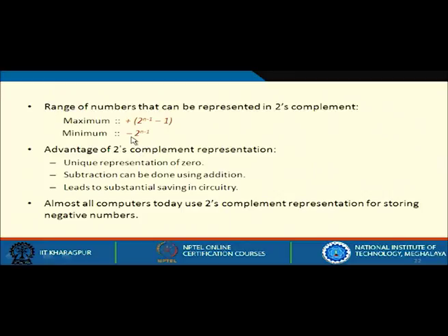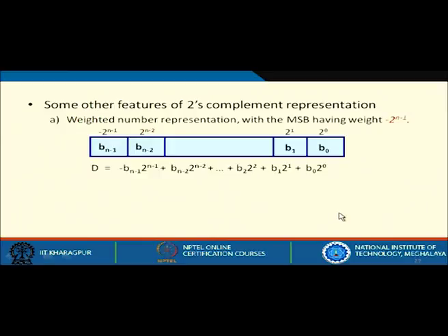Earlier it was minus 2 to the power n minus 1 plus 1, but now we can represent one more, that is minus 2 to the power n minus 1. Advantage, we have a unique representation of 0. Subtraction can be done using addition and it leads to substantial saving in circuitry. Almost all computers of today use 2's complement representation for storing negative numbers.